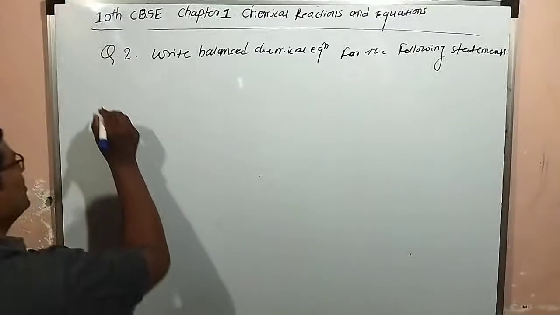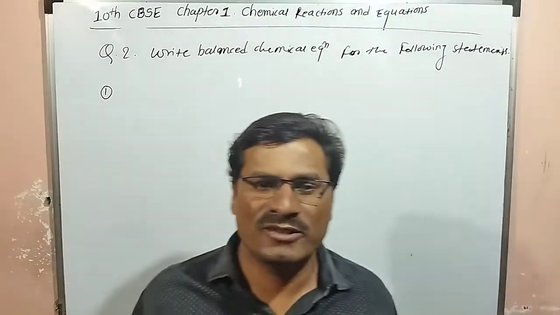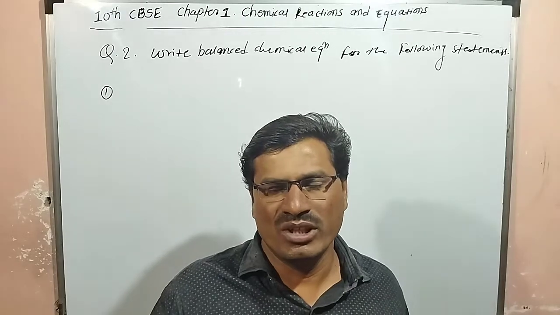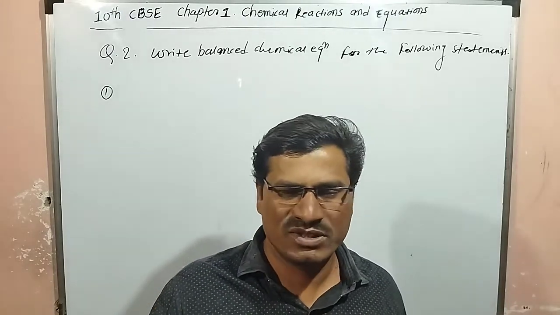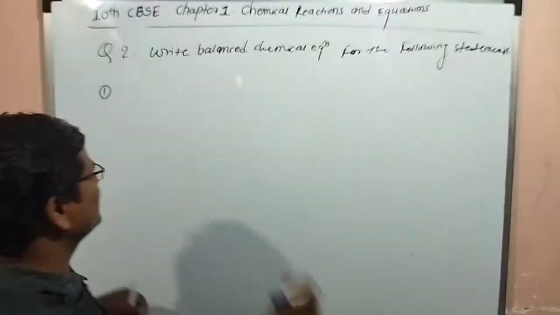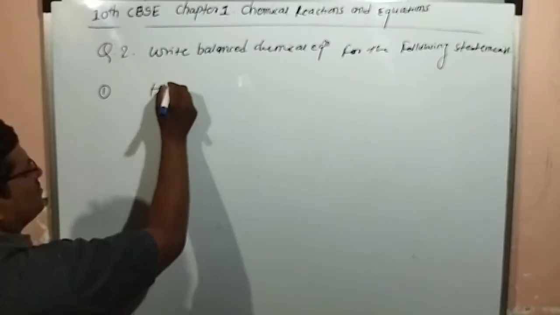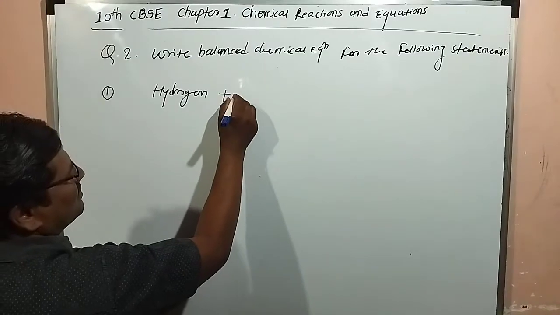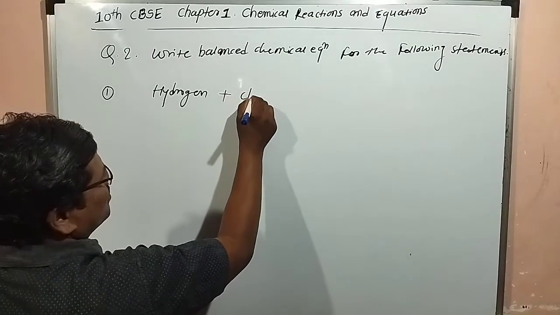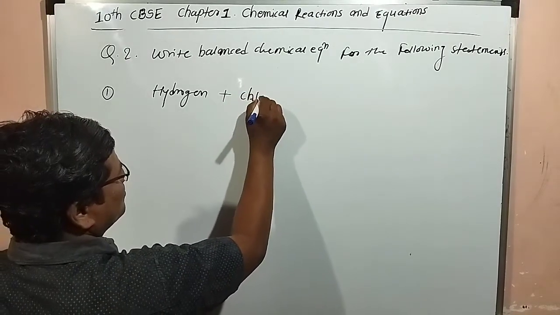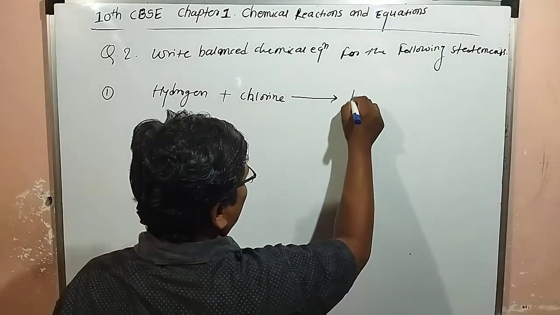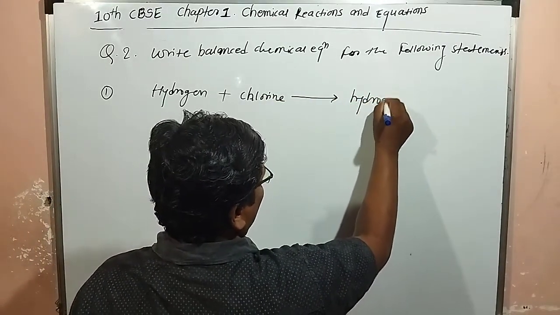The first statement is: hydrogen gas reacts with chlorine and it forms hydrogen chloride. So hydrogen plus chlorine gives hydrogen chloride.